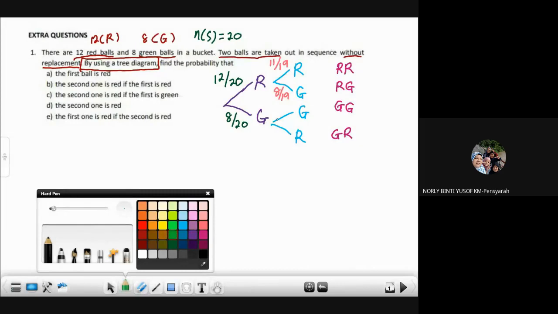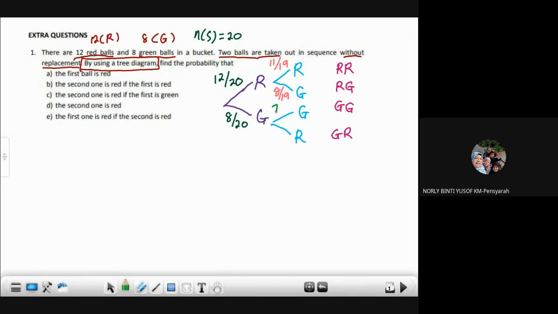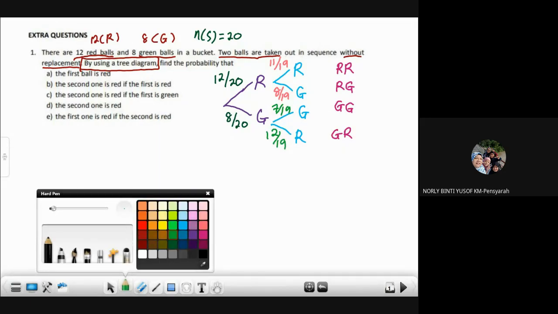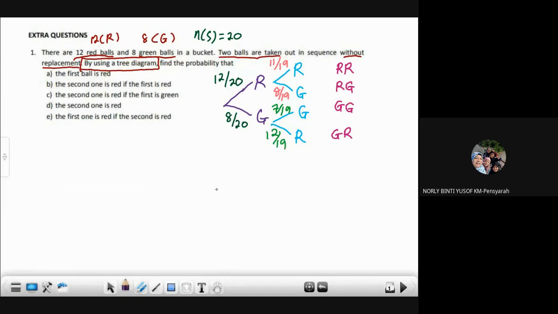Okay, so same goes for the second one from green. So green you take out without replacement. So 7 akan berkurang lah, 8 daripada 8 jadi 7 and 20 will become 19. So 1 minus 7 over 19 will be 12 over 19. So your tree diagram complete lah. So you got marks for that.